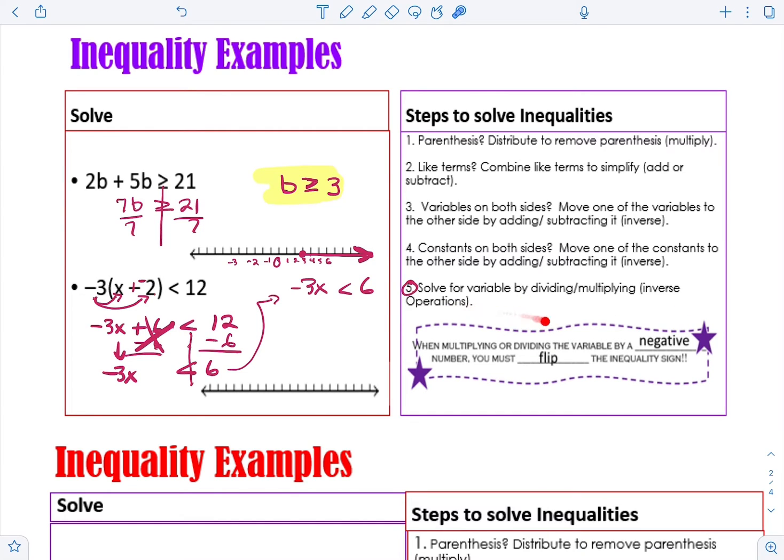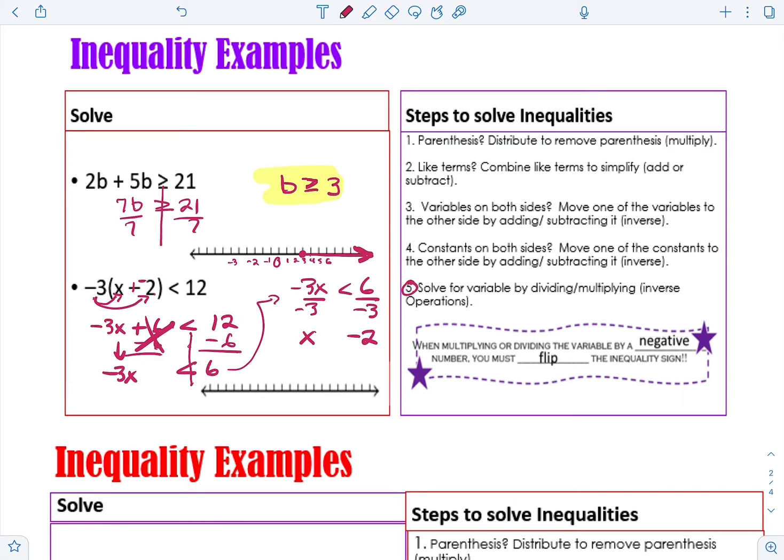So use the inverse operations. Well, here, -3x is -3 times x. The inverse operation is division. So I'm going to divide each side by -3. So now we have x, and 6 divided by -3 is -2.